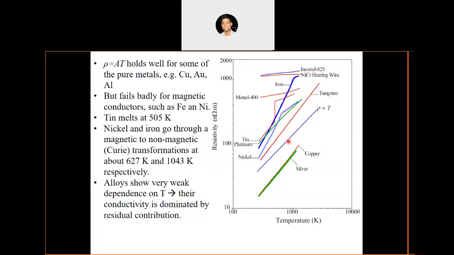These lines are very much parallel to rho proportional to the temperature. Right now we cannot go into a lot of details of what happens in a magnetic material, but for now it is good enough to say that the atomic vibrations in a magnetic material are quite different, and the electrons can have different kinds of scattering in a magnetic material.